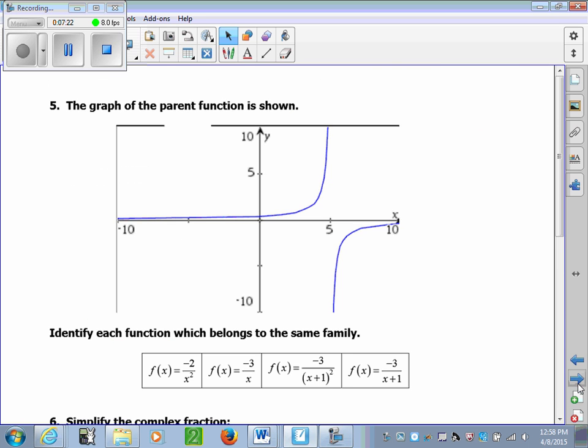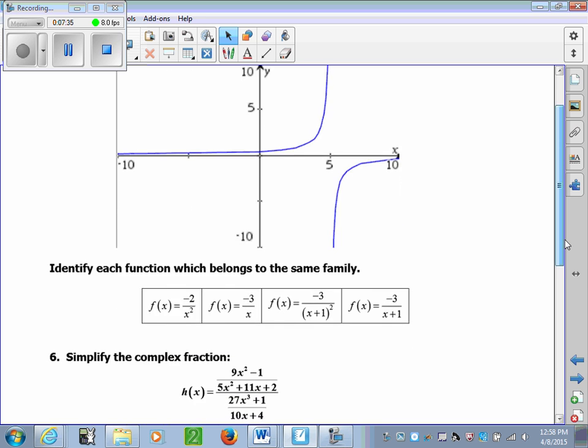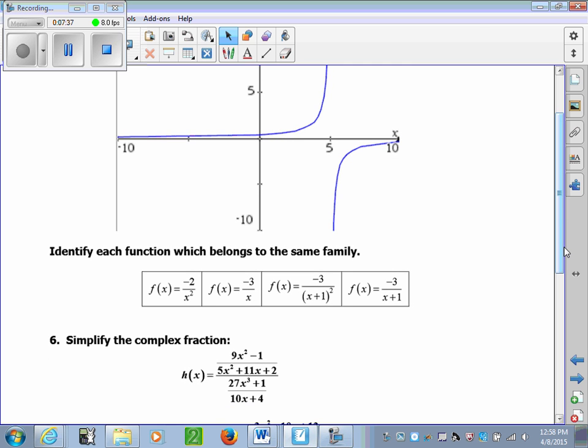Okay. Number 4. All right. Number 5. We have: identify each function which belongs to the same family. So the easiest way to do this is just to graph them. And you will quickly see. Graph each answer choice. The graph looks something like this, these little sketches I'll draw below each graph. So this first one looks kind of like this.